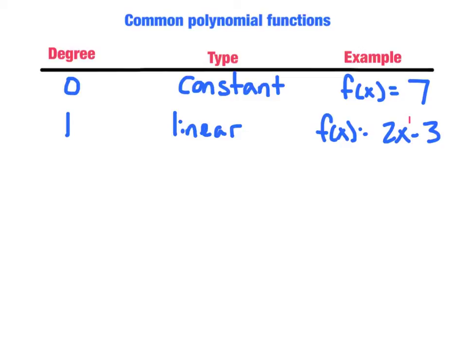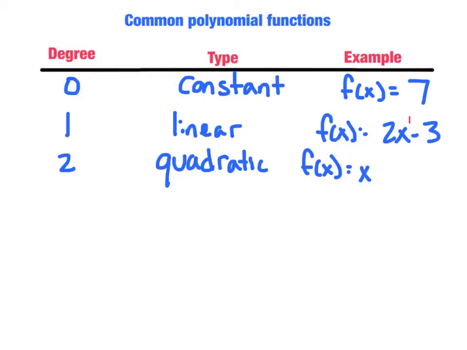If the highest degree is 2, let's keep with the colors, then it's quadratic. So the highest degree of x is going to be 2. So f of x equals, we can say, x squared plus 3x minus 2.